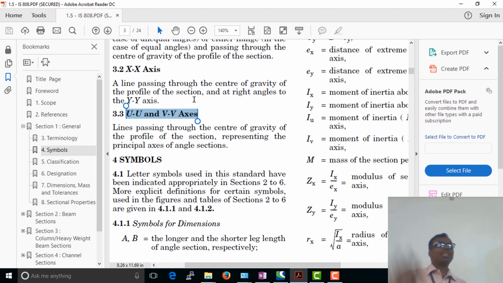Again, M, mass of section. What is the significance of mass of section? Usually they give the weight of an individual section as kilogram per meter run. The load is given in terms of kg per meter run. So suppose I am going to have a section weighing 10.2 kgs per meter, and I am going to have 10 such sections, each 5 meters long, what would you infer from that?